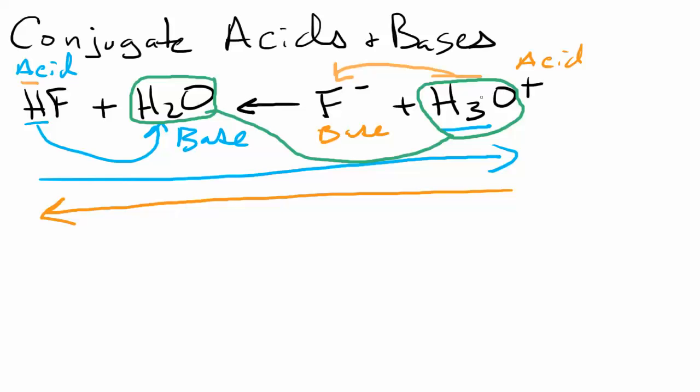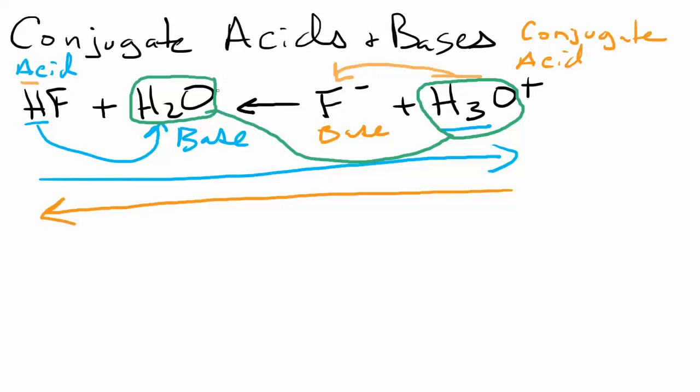And then if you push the reaction in the other direction, that hydronium acts like an acid, and it turns back into water. So we don't just call it an acid, we call it the conjugate acid.